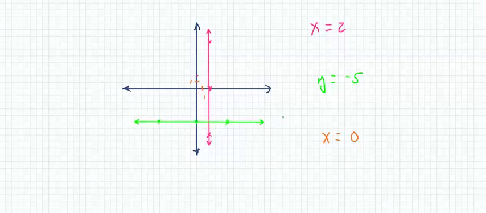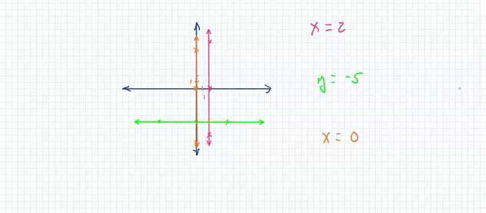There we go. Y equals negative 5. Lastly, x equals 0. X is 0 here, x is 0 here, x is 0 here. Our line is actually covering the axis.